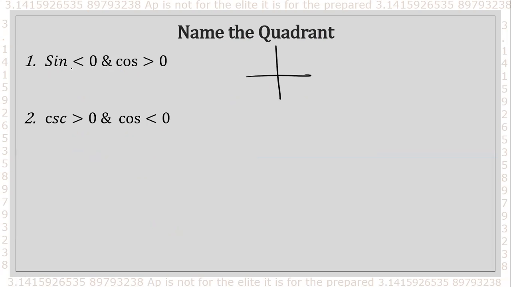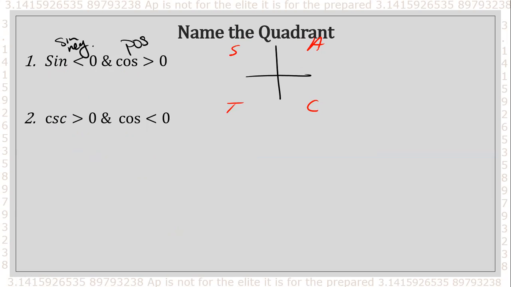Alrighty, so the first one says sine is less than 0, so sine is negative, right? And cosine is positive. So let's find out. Sine is negative. Well, let's recall all students take calculus.